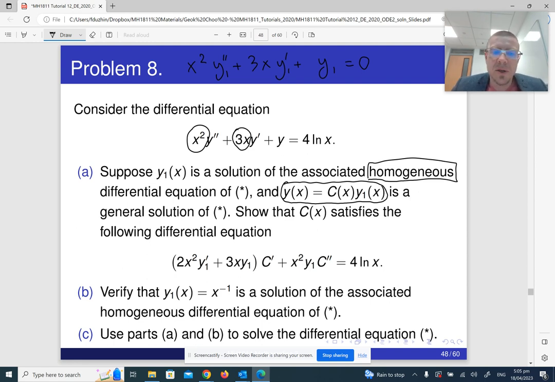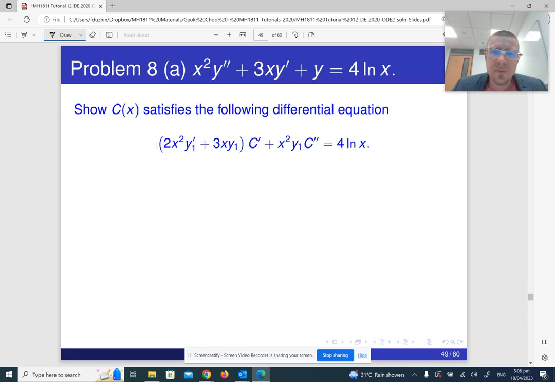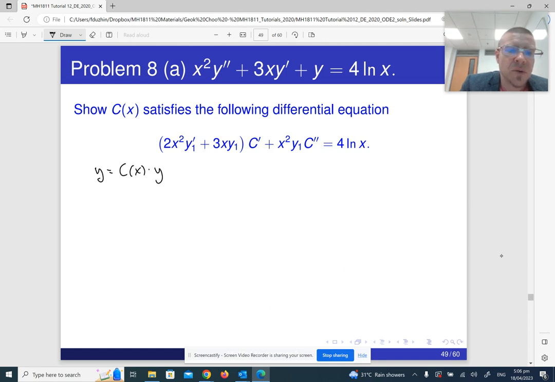And in part A, we're supposed to show that c of x satisfies its own differential equation. Okay, so let's do that. Again, as I said, my y is c of x times y1, right?